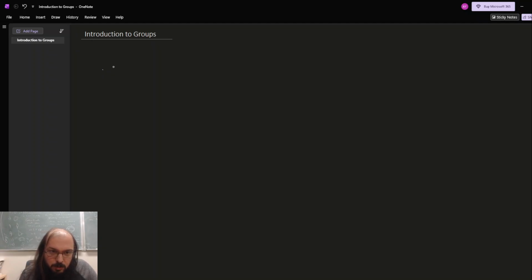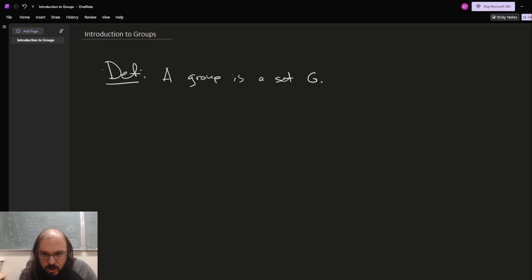So in this first module, we're looking at chapter 3 of Pinter, and so we'll be talking about groups. So let's record the definition. A group is a set G with a binary operation, typically denoted by asterisk until clarified otherwise, which is closed under this operation.